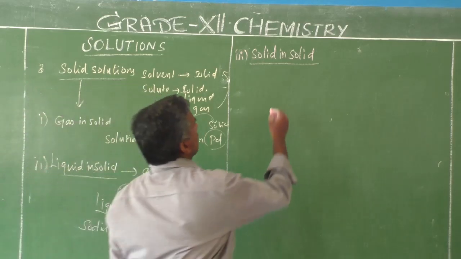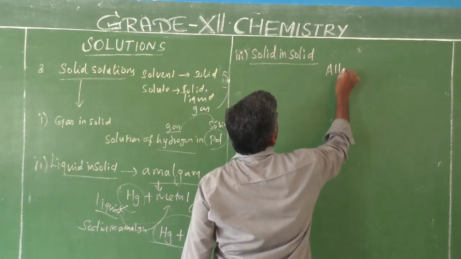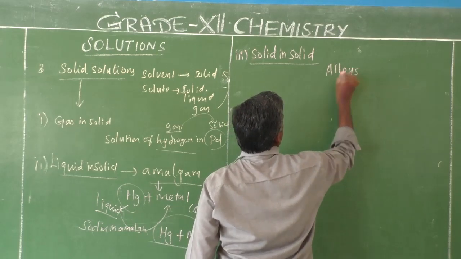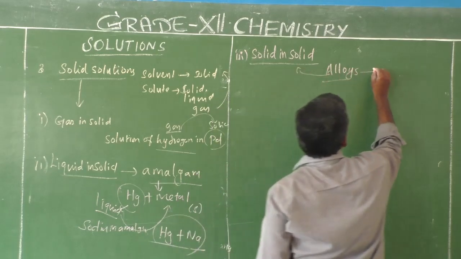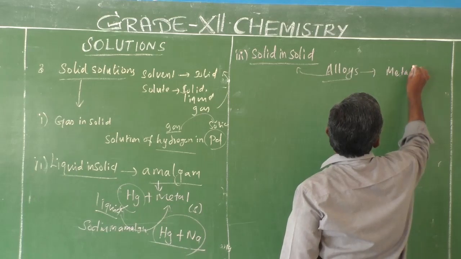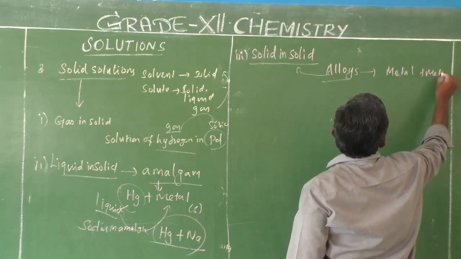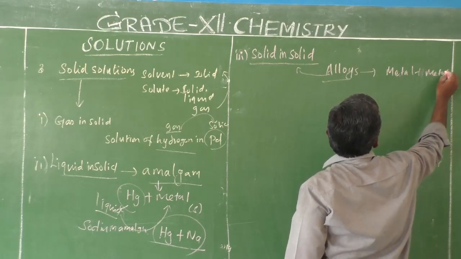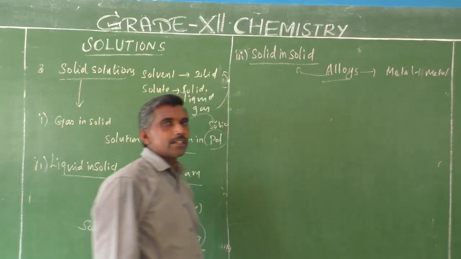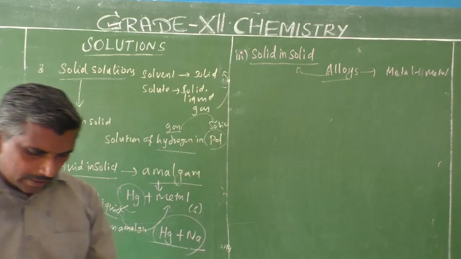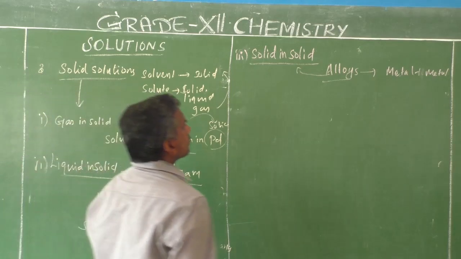This is a great example: alloy. Alloy means one metal plus other metals or non-metals. Particularly take metals. Metal plus metal is known as alloy.